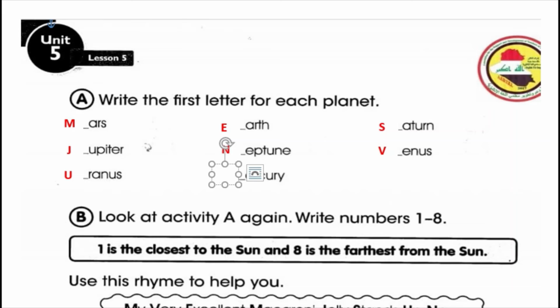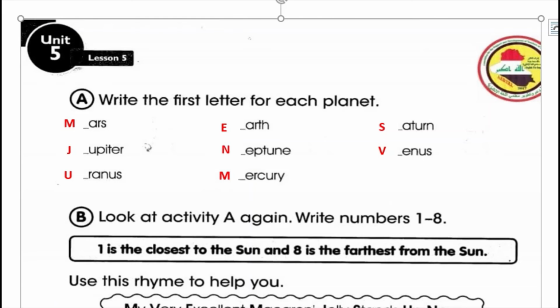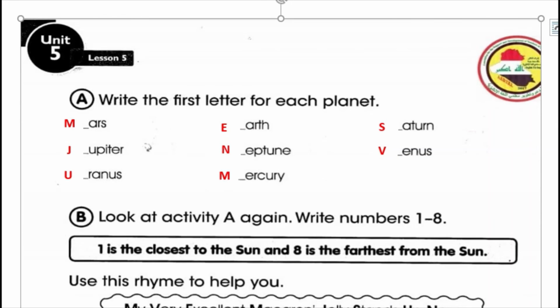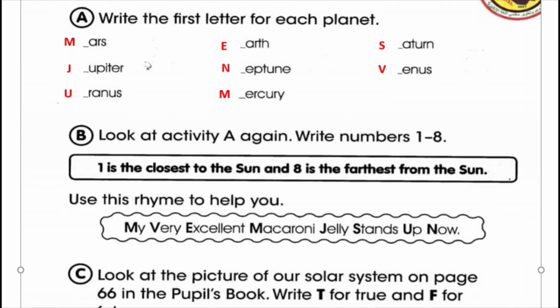I put the letter M for Mercury. Okay. I need you to solve this exercise in your activity book and send it to me in my private conversation on Telegram, so that I can check your solutions.